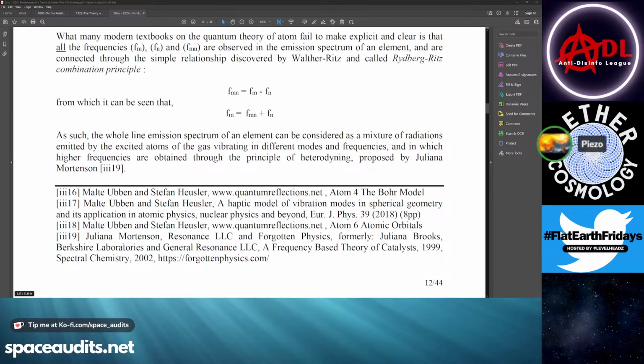So there's the minus and the plus. As such, the whole line emission spectrum of an element can be considered as a mixture of radiations emitted by the excited atoms of the gas vibrating in different modes and frequencies, in which higher frequencies are obtained through the principle of heterodyning proposed by Juliana Mortensen.